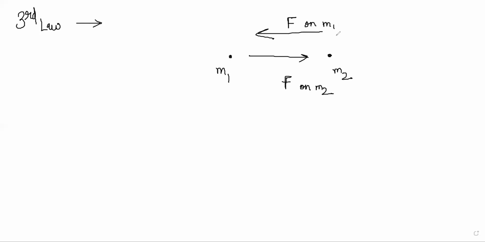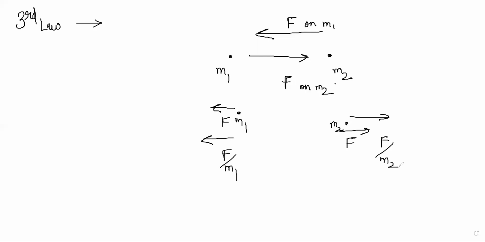The thing to notice here is that the equal and opposite action-reaction pairs are acting on different bodies. So M1 is experiencing one force F, which is from M2, and M2 is experiencing one force F, which is from M1. So actually, both of them should accelerate, in opposite directions. This will be accelerating at F by M1 and this will be accelerating at F by M2.